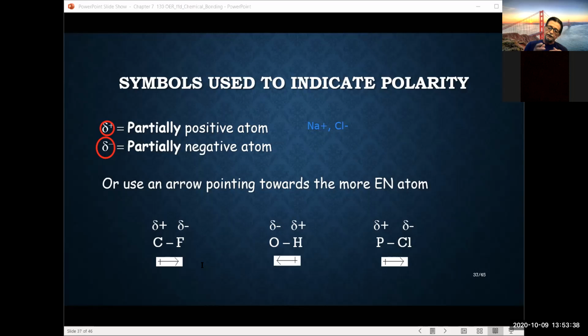On the other side, by pulling the electron density away from carbon, it's made carbon a partial positive area. We can draw the arrow from left to right, pointing toward the fluoride, and on the left side you have a little plus on the arrow that represents the partial positive. So that arrow goes from left to right.